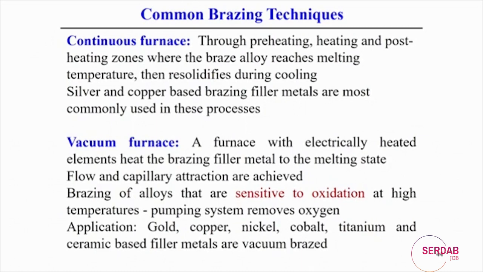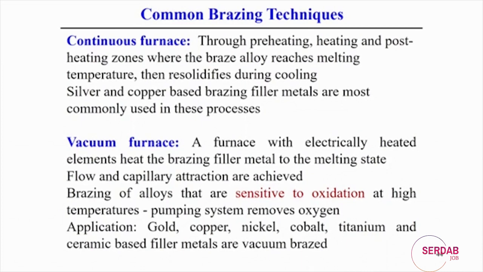That can be controlled sequentially using the continuous furnace. Of course, the braze alloy reaches its melting point temperature and then solidifies during the process. Silver and copper based alloys are basically used for most of this assembly by brazing techniques.